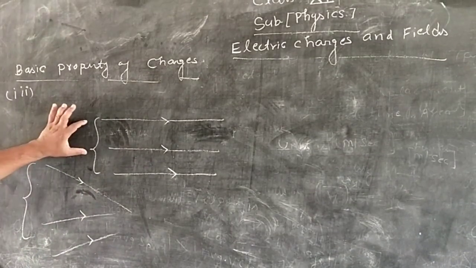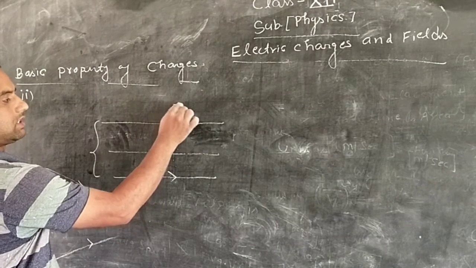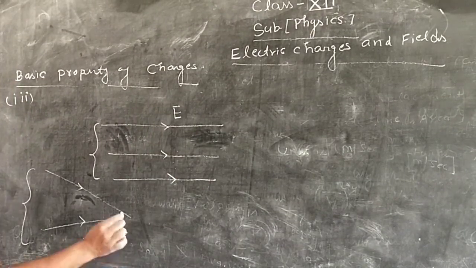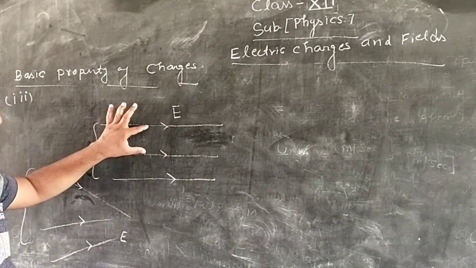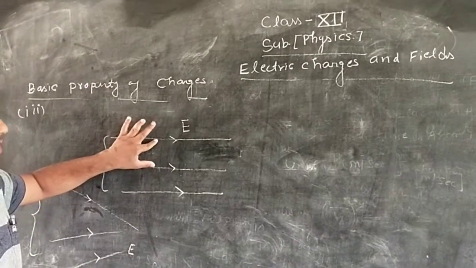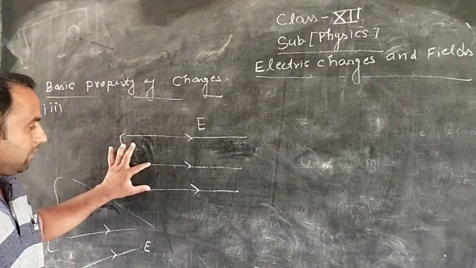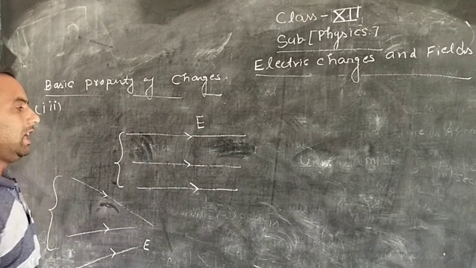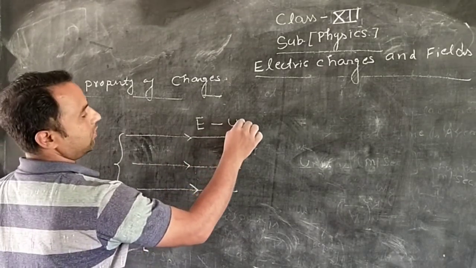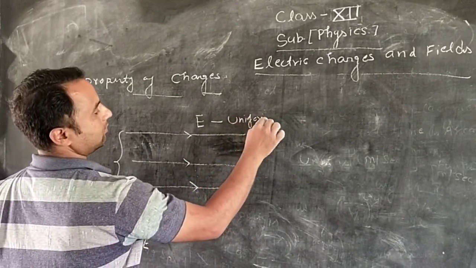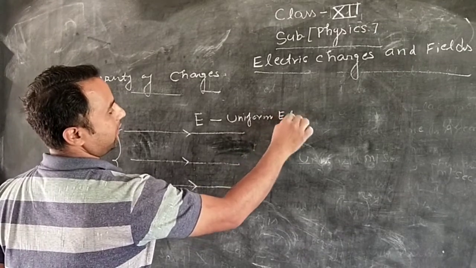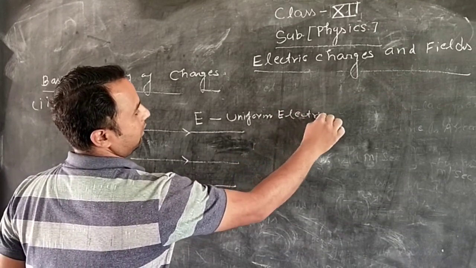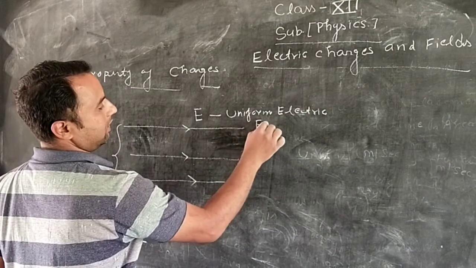Here we conclude that the electric field is E here and the electric field is E here. Here we see that the spacing between the two field lines is equal, and this is called a uniform electric field.